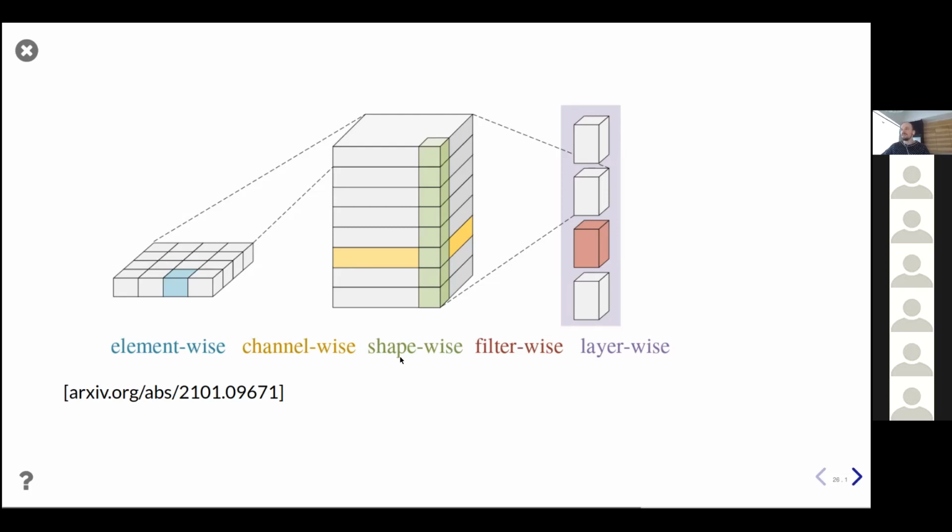Do you want to do it shape-wise? Or do you want to do it filter or layer-wise? So you can imagine a lot of different ways of concretely implementing this weight pruning, and all of these have different uses when it comes to what type of inference hardware you're targeting.